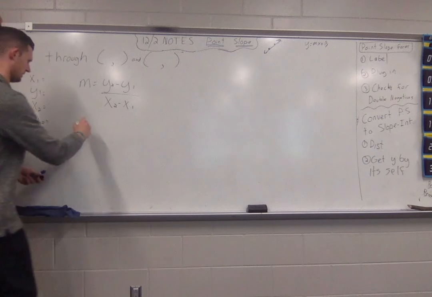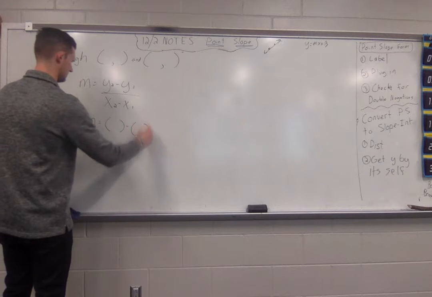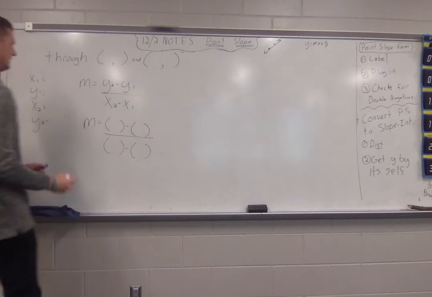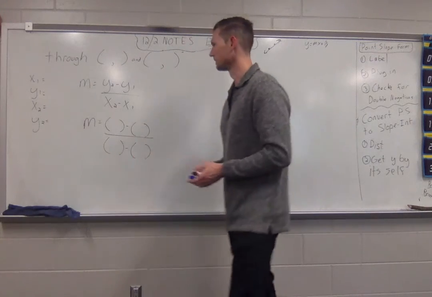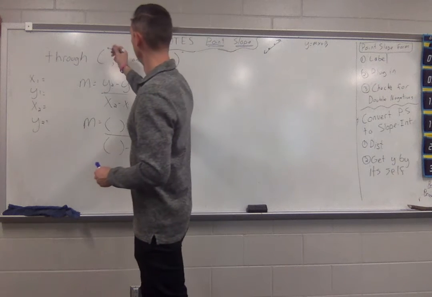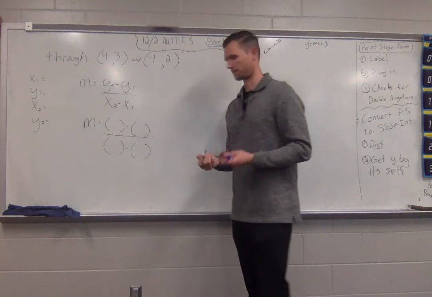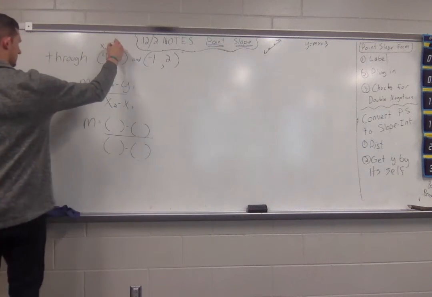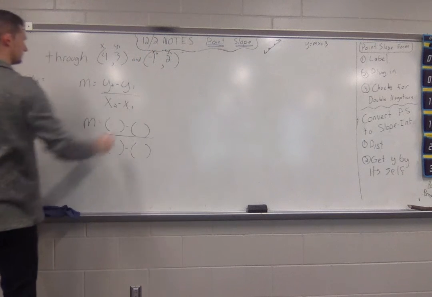So now I have everything labeled. Again, I'm not writing any of the numbers. This is the mind process you should have even when you're looking at the numbers. I'm setting everything up, making sure that I'm ready, and then moving on to the next step. So now if we put our numbers in, 4, 3, -1, 2, I have everything labeled. I know my first one is x1, y1, x2, y2.